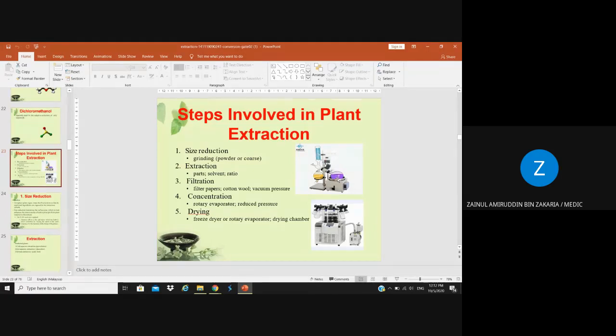You mix in pet ether, then you boil again and remove. You put pet ether, you separate it, and then you put ethyl acetate, and then you separate it. You have 3 extracts. The pet ether and the ethyl acetate parts, you can use the rotary evaporator to remove them to collect your specific extract.